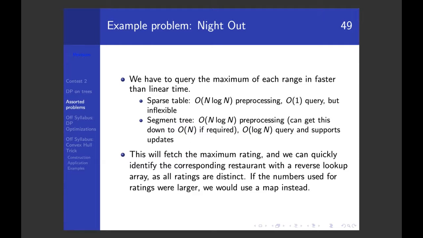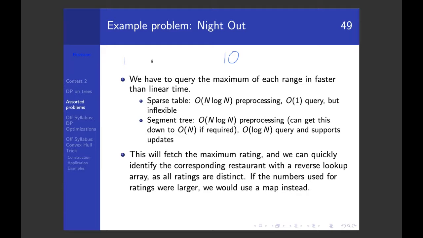So if we can find the maximum value in the range, we can quickly find which restaurant it corresponds to. This is because each restaurant has a unique rating. So if we get the restaurant of rating 10, we can have a lookup table which has, for each rating, what restaurant has that rating, which means we can look up quickly what restaurant that is.